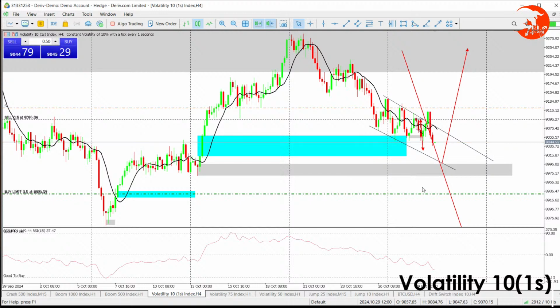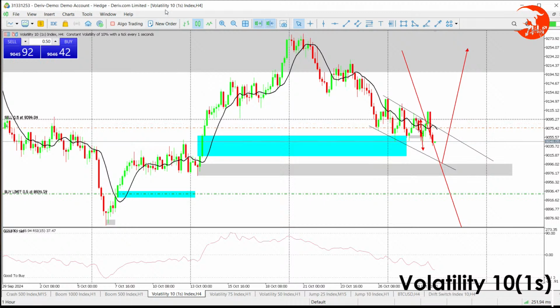Yeah, we are in. It came there to activate my sales. Right now I'm in profits. I should actually bring my stop losses into profits around that level there.